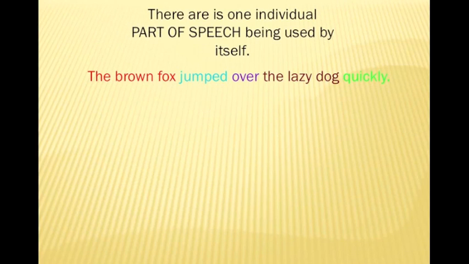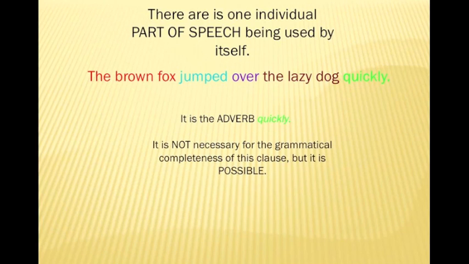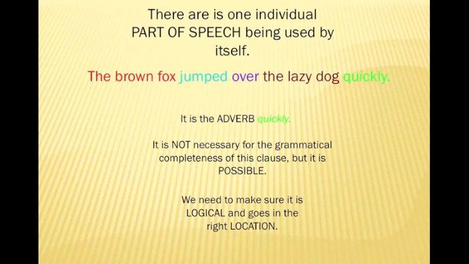The only individual part of speech that's being used by itself is the adverb quickly. And again, it's not necessary for the grammatical completeness of this clause, but it is possible. So of course, if we add it to the sentence, we need to make sure it's logical, and then it goes in the right location, which in this case, remember, objects after a verb will usually come before the adverb of the sentence.